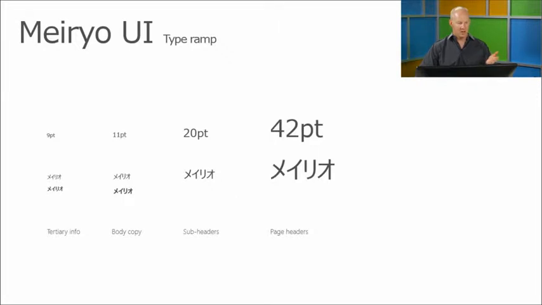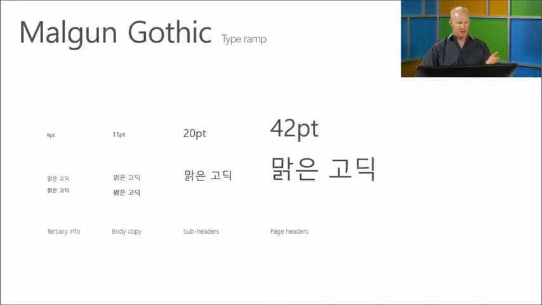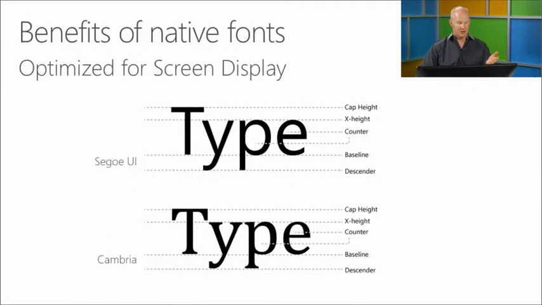And you can see that we have a bunch of different fonts that we're shipping to be used in various languages and have all the benefits of the native fonts built into each individual font. Like these fonts are optimized for screen display as far as their cap height and their x-height and the counter and the baseline and the descender. And whether it's a serif font or a sans serif font, again, all this was tuned to make it look incredibly crisp and incredibly clear using the typography engine of Windows.